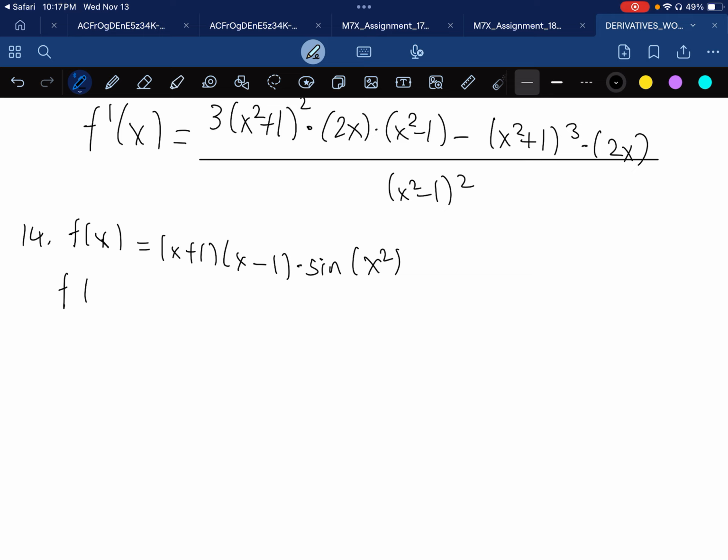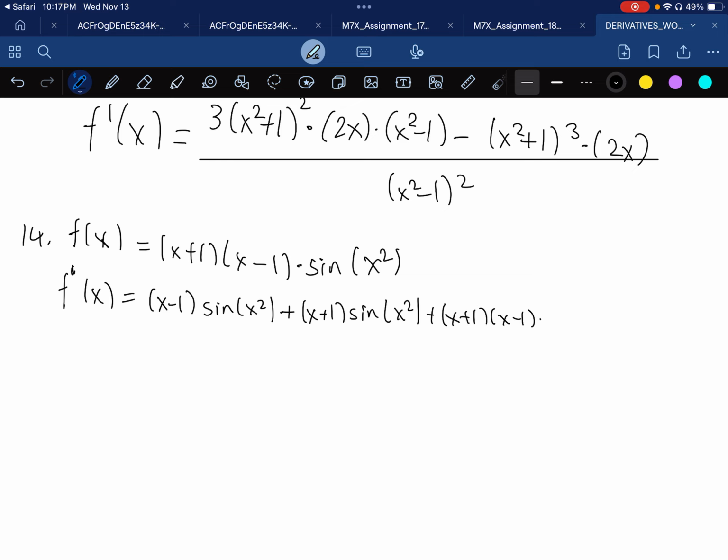So in this case, our idea is going to be first take the derivative of the first times the rest plus the derivative of the second times the rest plus the derivative of the third times the rest. Okay, so let's try that. So this is going to be the derivative of the first is 1 times the rest plus the derivative of the second, which is 1 times the rest plus the, well, we'll just write the rest first.